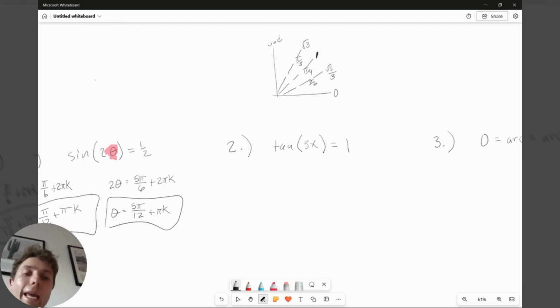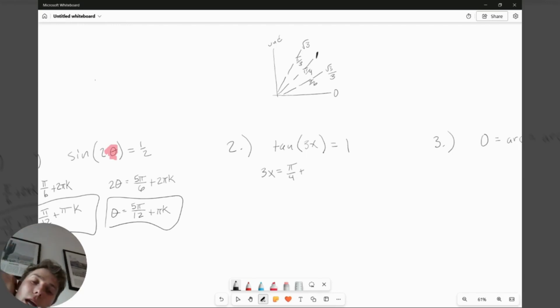So what angle gives us a tangent value of 1? We know that would be at pi/4. So what we end up finding is, okay, we get pi/4 for our angle. We know we can add 2 pi k with that and come up with our other angles. But tangent doesn't have a period of 2 pi. Tangent only has a period of pi.